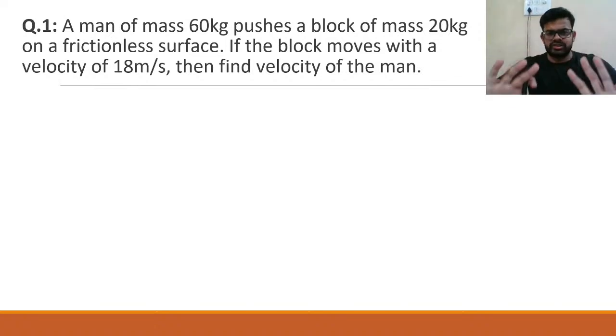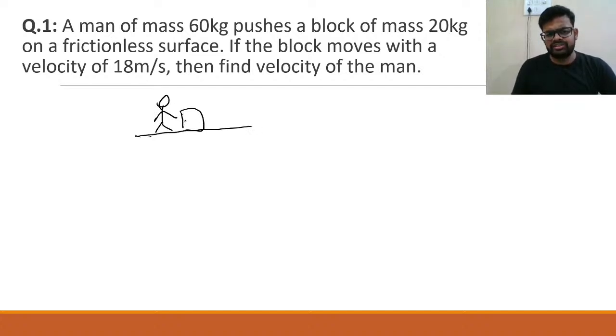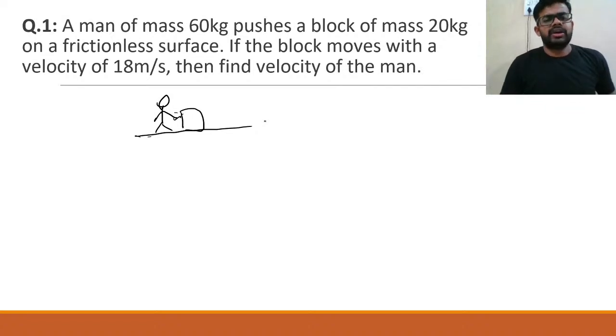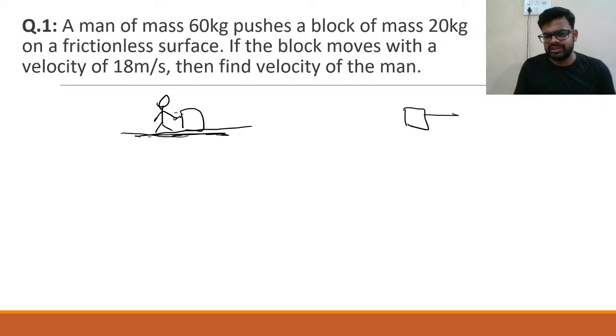Here is a man and here is a block, and both are on a frictionless surface. The man applies a force, giving a jerk. What will happen then? This surface is frictionless, so the block will go in this direction, and the man will slide in the opposite direction.